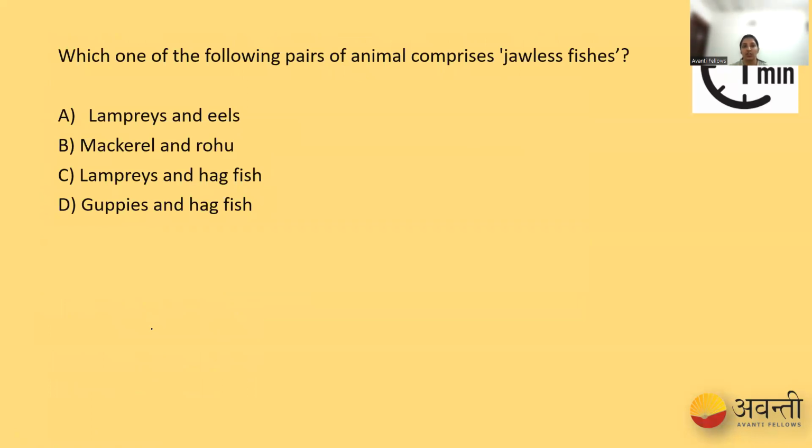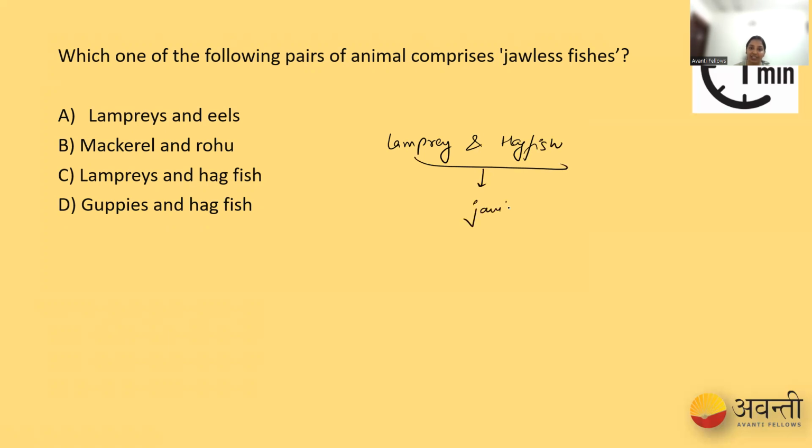Next question says which one of the following pairs of animals comprises the jawless fishes? A is lamprey and eels, B is mackerel and rohu, C is lamprey and hagfish, D is guppies and hagfish. So we have to find out the pair of animals which comprises the jawless fishes. Lamprey and hagfish are the ones which do not have a jaw.